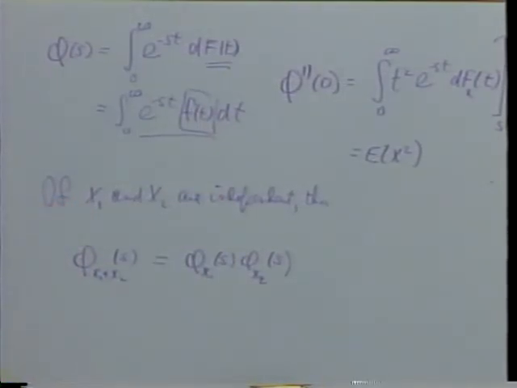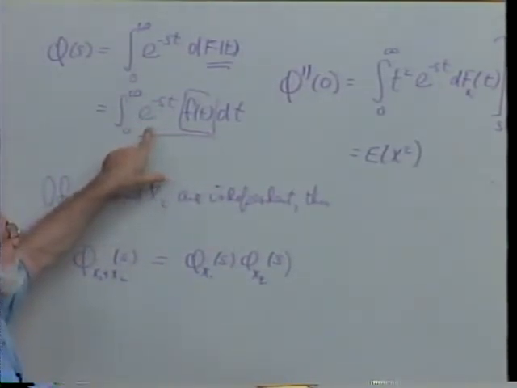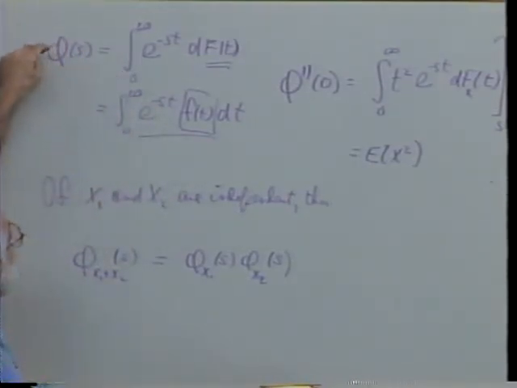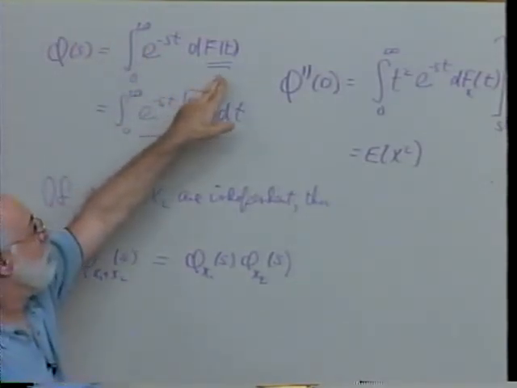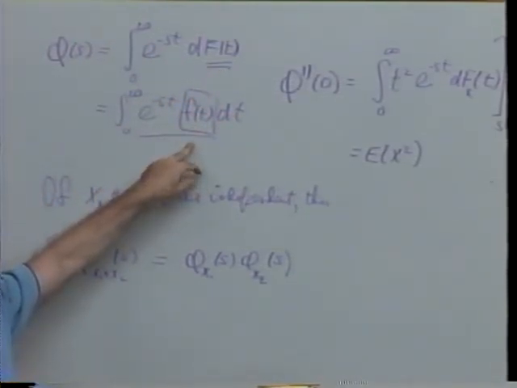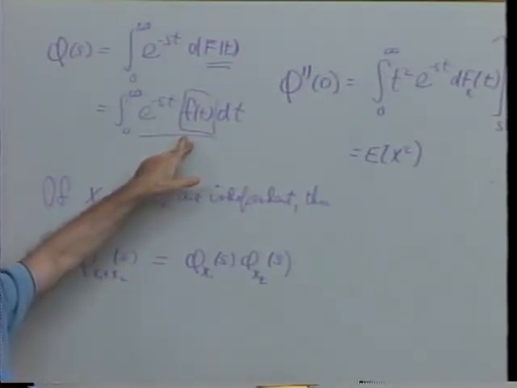So the way you calculate the Laplace transform of a function is you take the function, you multiply it by e to the minus st, and then you integrate it. So what this says is that the Laplace-Dirichlet transform of some function is equal to the Laplace transform of the derivative of that function, if there is a derivative.